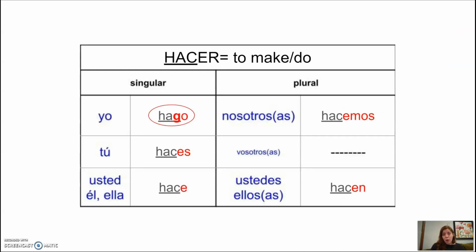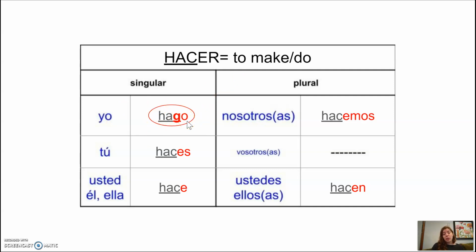Un verbo más. One more verb that I want us to look at today. That's the verb hacer. Hacer significa to make or to do. The verb hacer follows the ER format almost completely, but it's what we consider a go verb because in the yo form, we have a go.